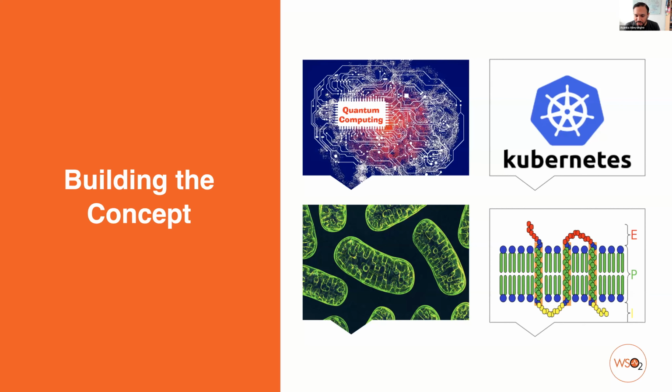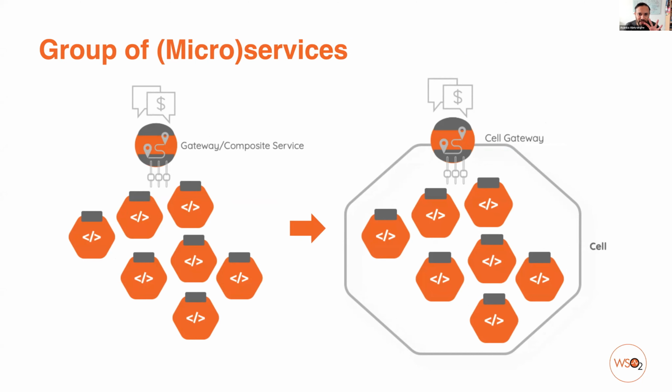And if you go back to that concept we discussed, you have the microservices, but you need to connect a number of microservices to provide a solution for a business problem. Then that particular boundary, we call it as a cell, and the gateway or the composite service, we call it as the cell gateway in this particular architecture style.